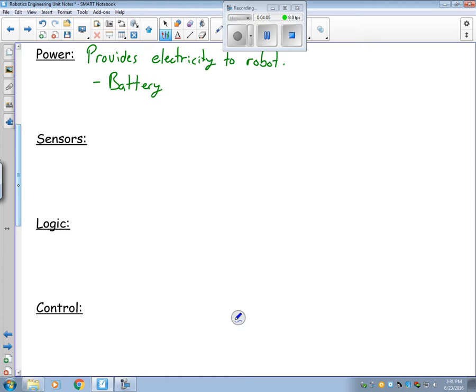The next subsystem will be your sensors. So this is all parts that allow the robot to interact with its environment.